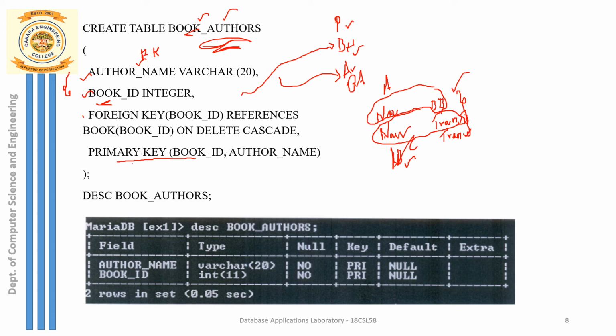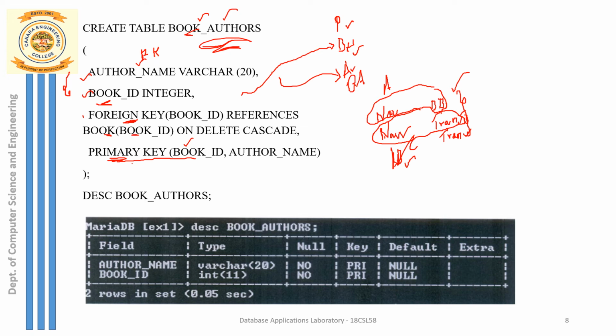So how do you specify the foreign key again? Do not forget to write the primary key for a table. After you write the primary key for a table, you do not forget again to mention the foreign key. So book ID, is it a foreign key? Yes. So book ID has been referenced from which table? Book table. So here book ID is a foreign key in this table which references my main table called book table, wherein book ID was the primary key in book table.